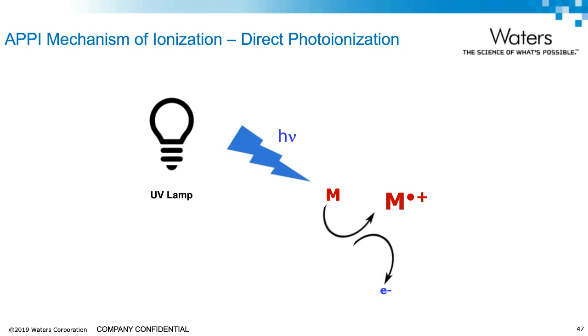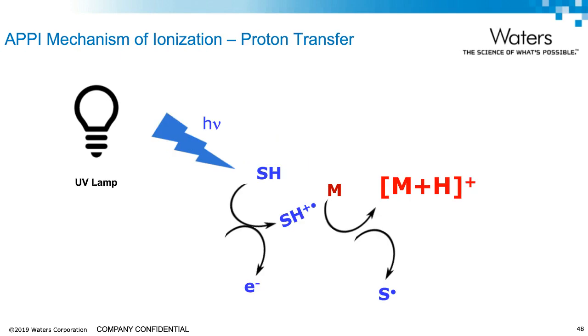This extracts an electron from the molecule to leave a free radical cation, as seen here. Alternatively, ionization can take place through a proton transfer reaction with a solvent that has been radicalized by the UV light. Useful solvents in this technique can be solvents such as water or methanol.